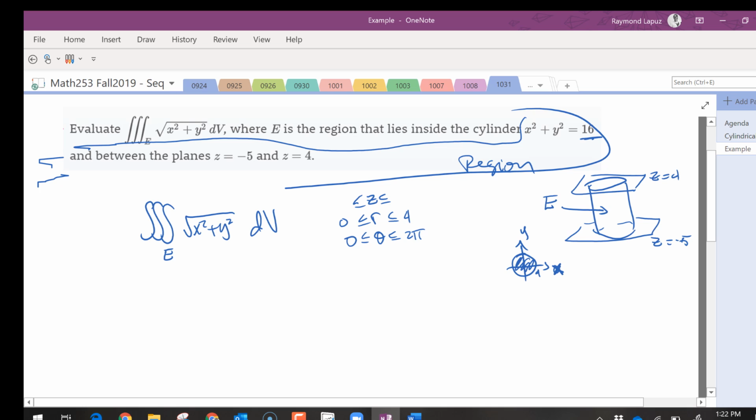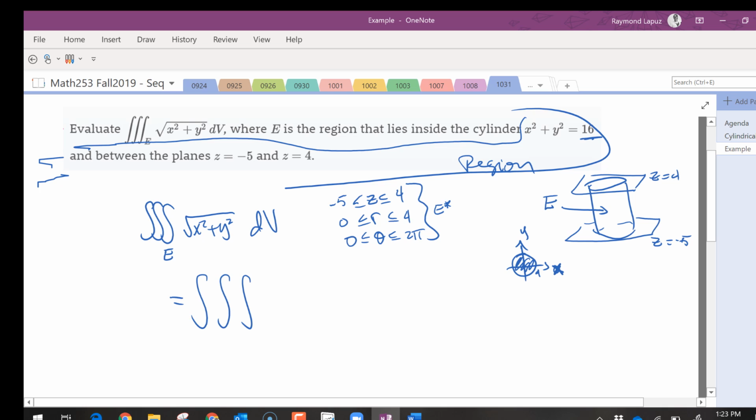So z in this case happens to be constant, so we can just put in -5 for the bottom limit for z and 4 for the top limit. This is our new E star, and we wouldn't really bother drawing it, but if you were to, it would be a nice rectangular box, because it's restricted to constants.